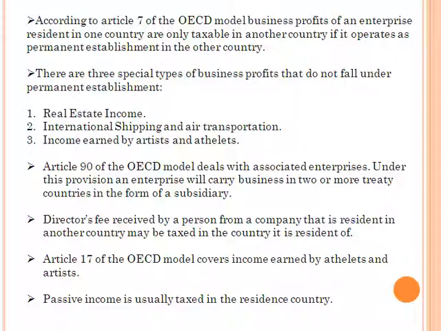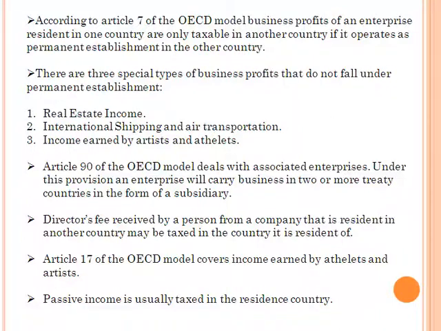Under this provision, an enterprise will carry business in two or more treaty countries in the form of a subsidiary. Director's fee received by a person from a company that is resident in another country may be taxed in the country it is resident of. Article 17 of the OECD model covers income earned by athletes and artists.